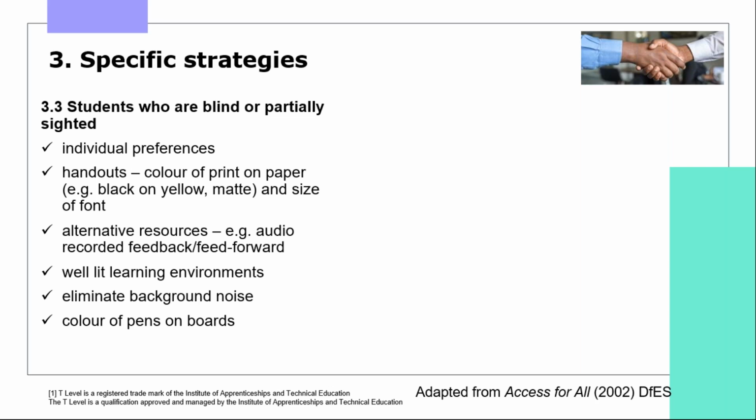I've worked with students who are blind and partially sighted, and as I say, all of these strategies are adapted from Access for All, but I've used all of these and they've helped with my awareness.